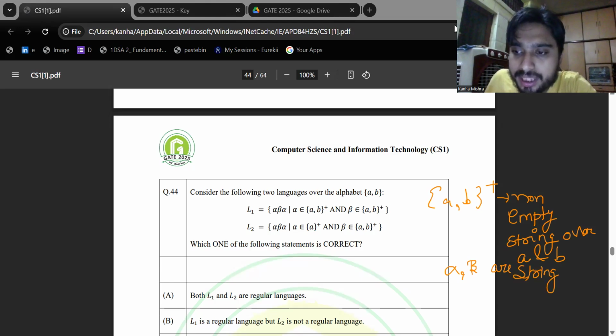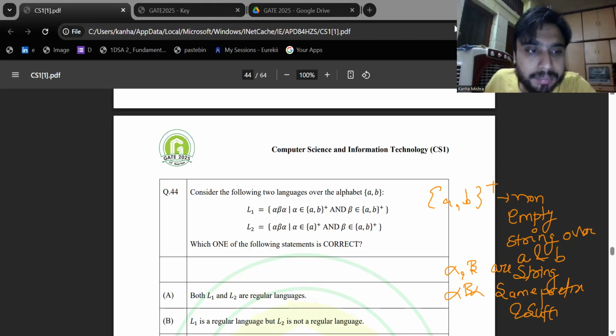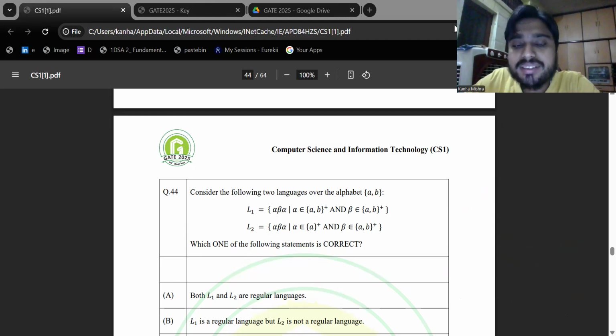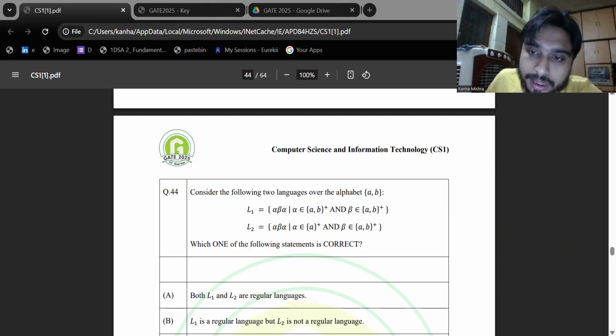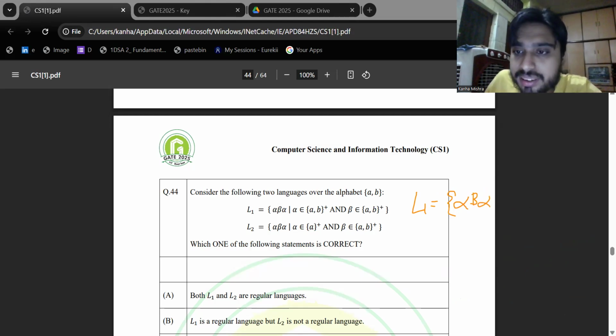Alpha, beta, alpha means same prefix and suffix. I hope this is clear. Now, let's understand some language definitions. So, L1 is given as alpha, beta, alpha, that means same prefix and same suffix.